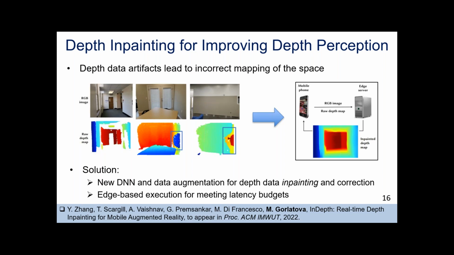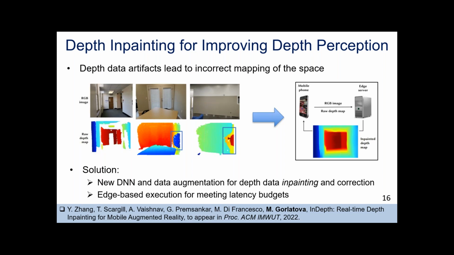And to be able to deal with such cases, the DNN that we built has to be necessarily complex and deep, since it needs to process large parts of the image at the same time. And to be able to do this in real time, we do need edge computing. Otherwise, there is just no chance that we would come close to meeting the associated latency budgets.